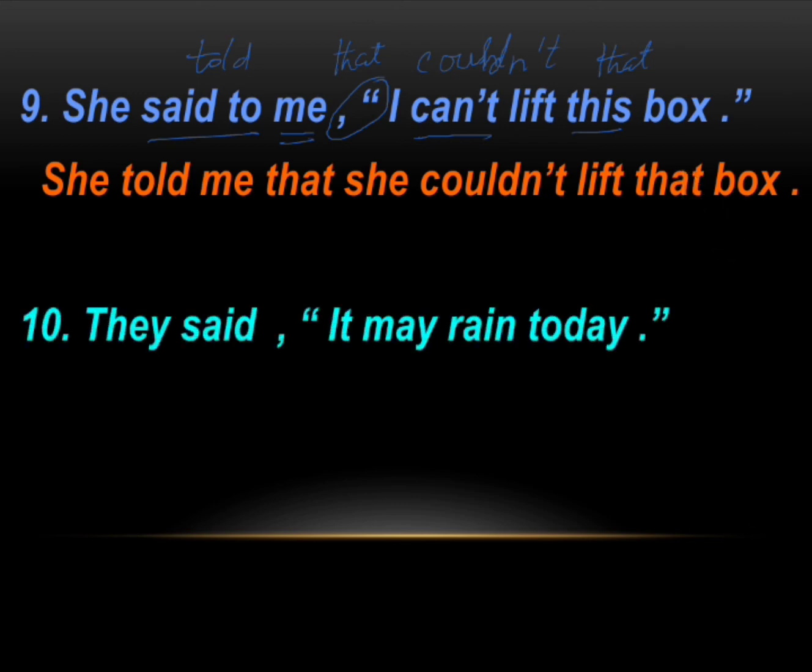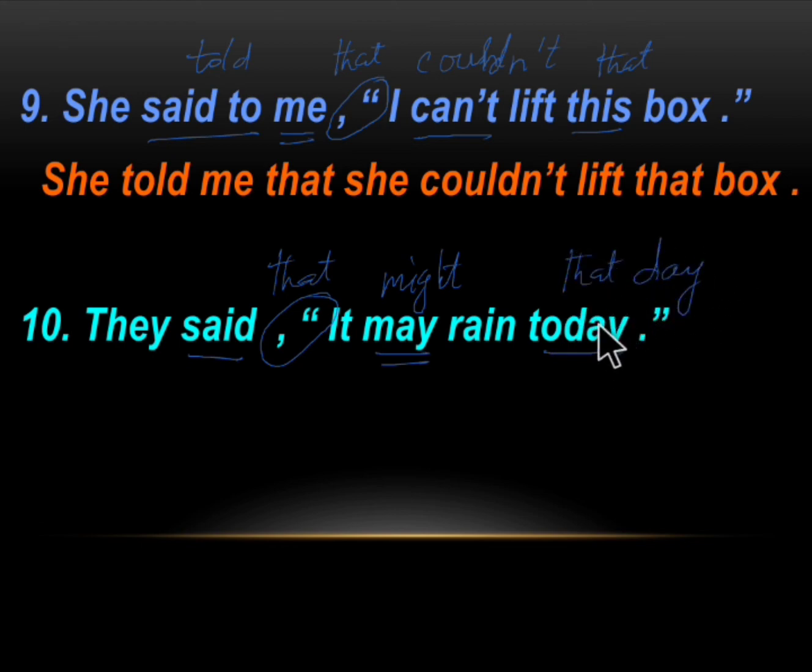The next example, they said, "It may rain today." They said, there is no listener, so said will be used as said. We remove this punctuation and use the connector that. It will remain the same and may will change to might. Today will change to that day.